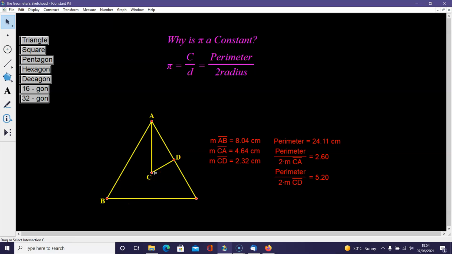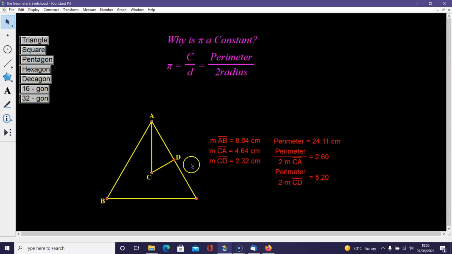And that's the center of this triangle at C. From point C, I have measured to some aspect of this triangle. C to D is the distance from the center to one of the sides, the shortest distance to a side. And then the distance C to A is the measurement of the distance from the center to a vertex.